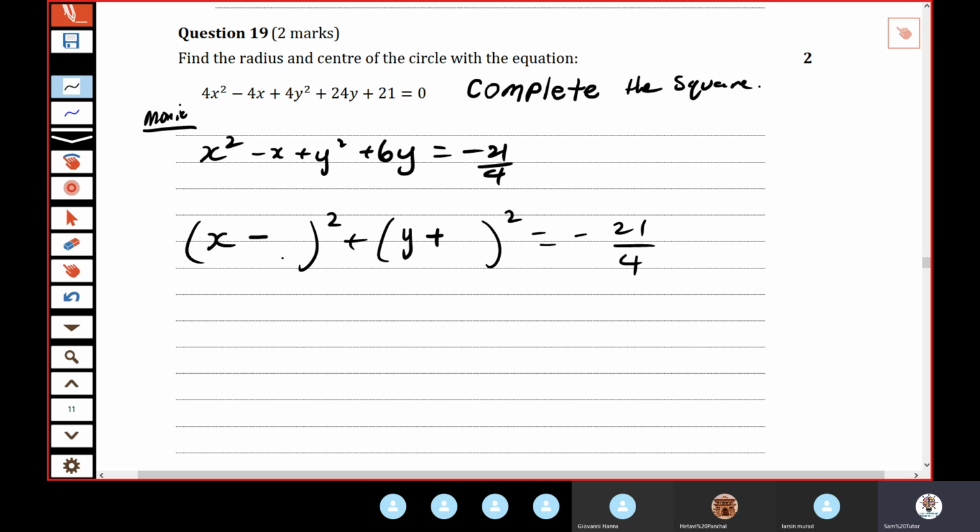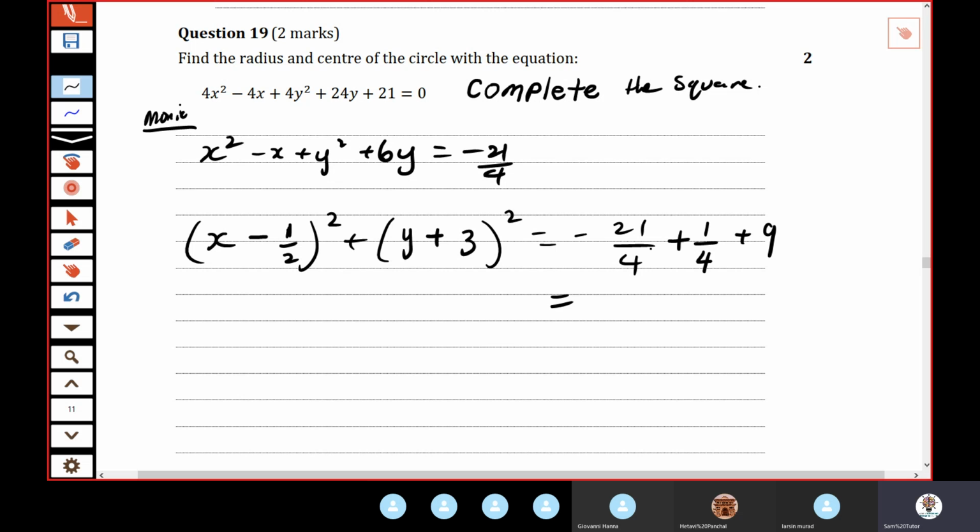Anyone remember? Would it be x on 2? 1 on 2. Oh, you don't use x because you've already used x here. So 1 on 2. Good job. And then this one here is going to be 3. And then what do we write here? Half squared and 3 squared. Done. Good man.